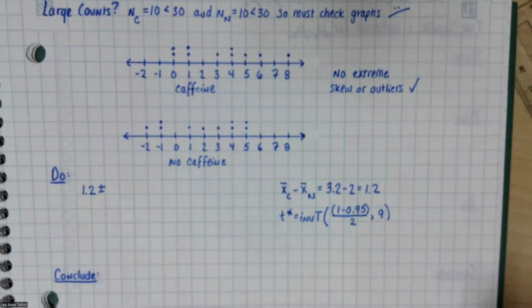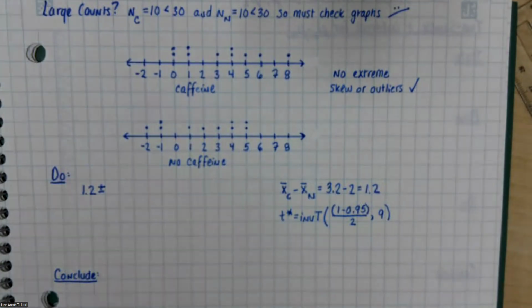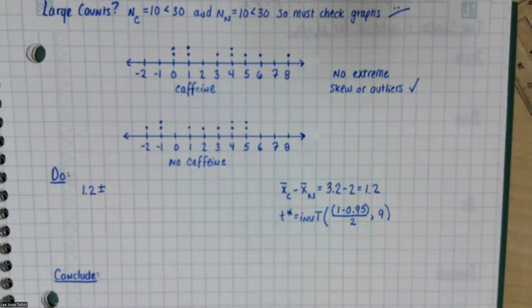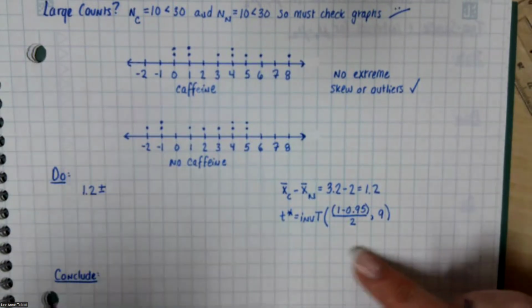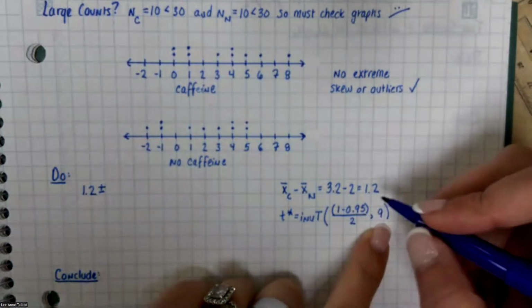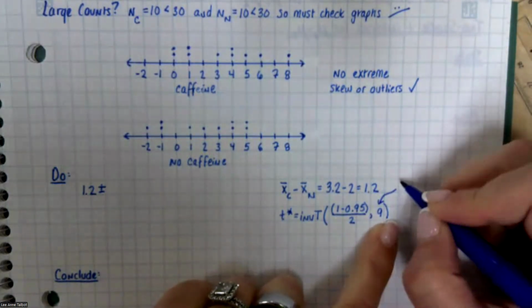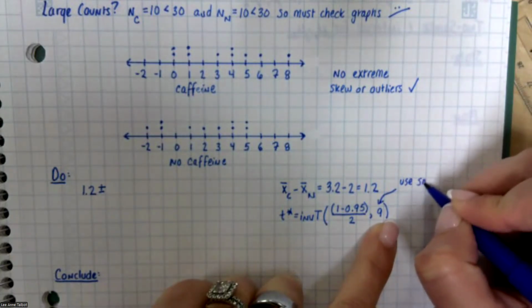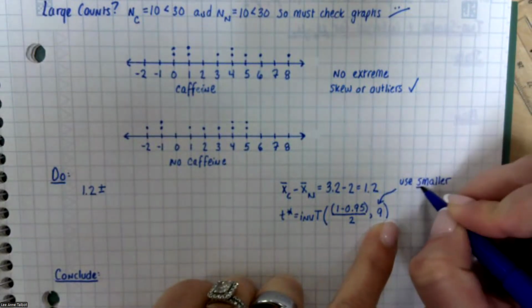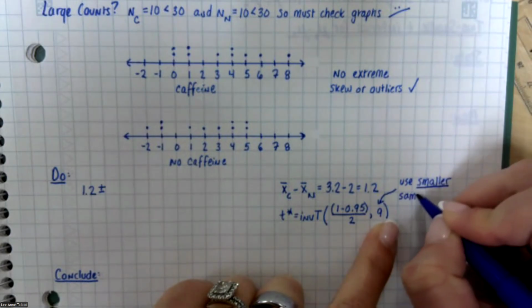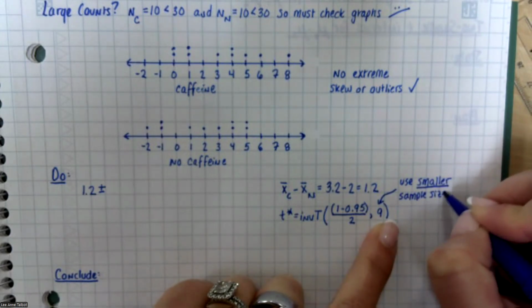Okay, let me ask you this. This is the dumbest question I'm ever going to ask you in your entire life, but what's better, a bigger sample size or a smaller sample size? Okay, so when we're using t star, we need to be conservative about what we're saying. So make a little error, use the smaller sample size.